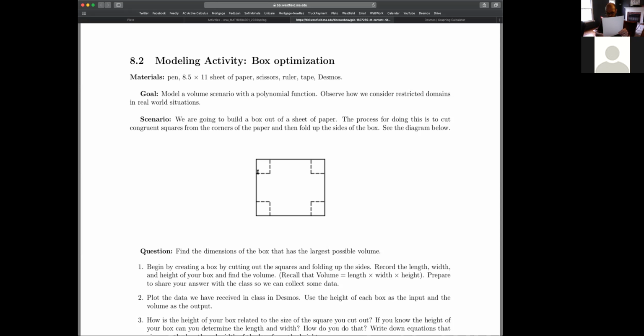So if I cut out squares out of my corners, I'll do this here for the camera. I didn't measure these that well. But if I cut out squares, I'm going to get a footprint that looks something like this.